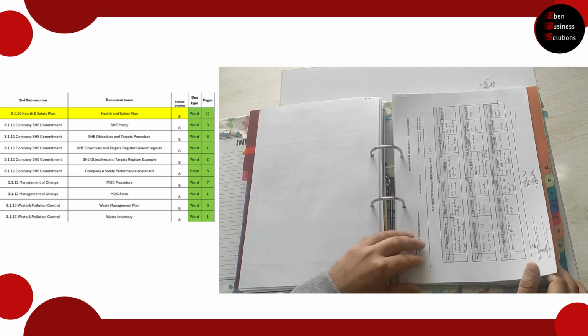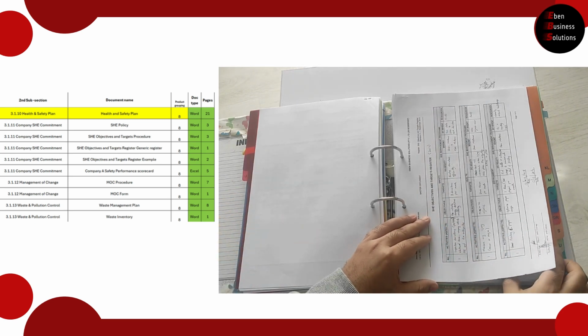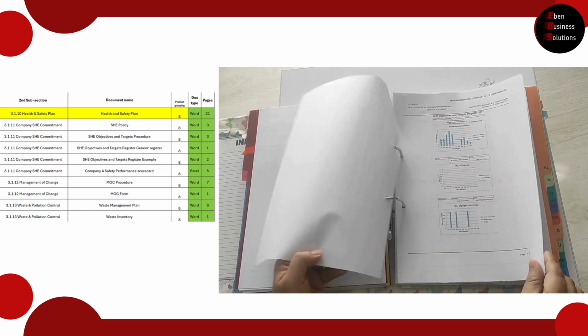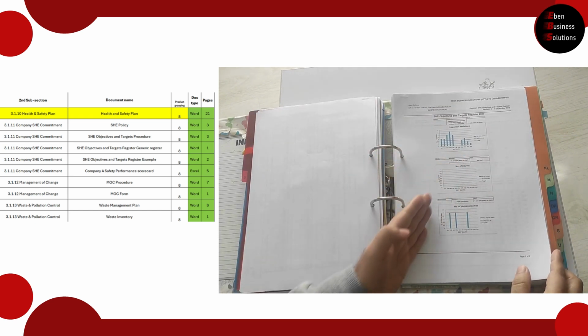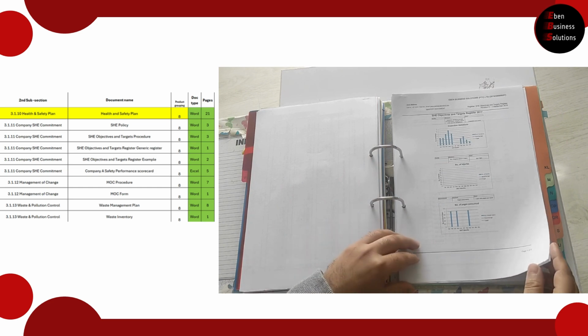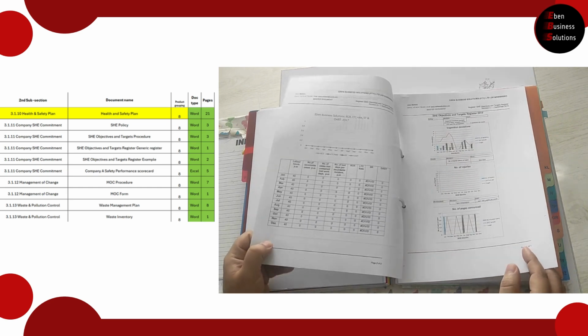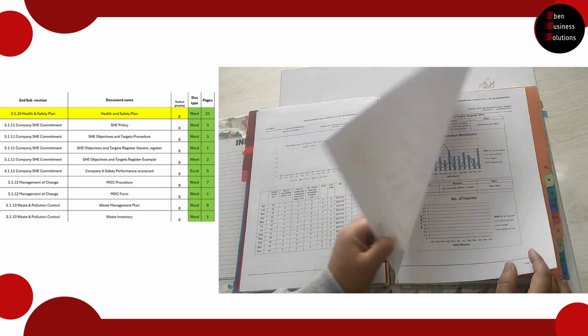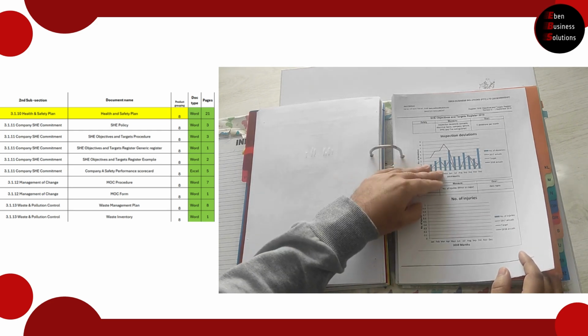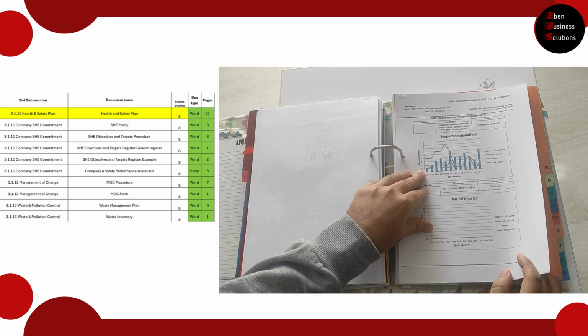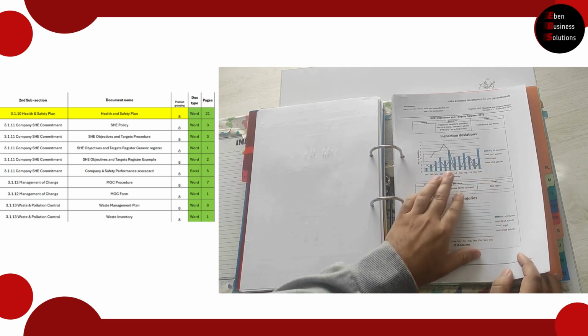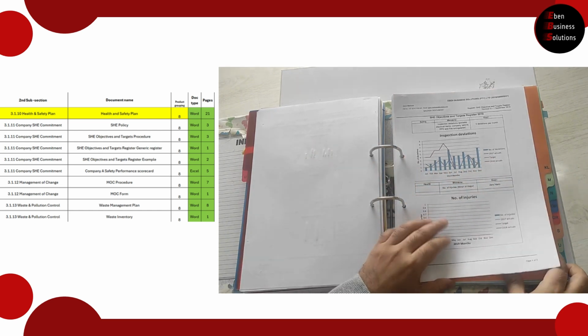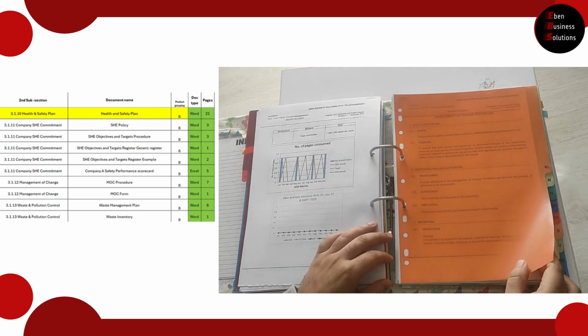And you can then define them in the objectives and targets register, and then start to monitor it through your performance scorecards. Templates are available for this as well, so that you can assess the deviations on a monthly basis and compare it to the previous financial year to see how you are improving, also the number of injuries.